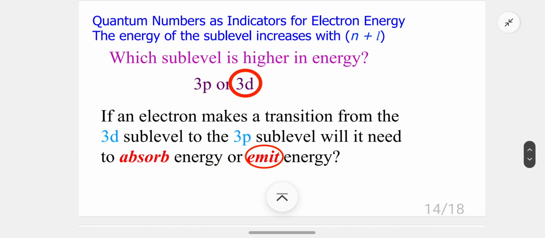Afterwards, on the next page, we have quantum numbers as indicators for electron energy.